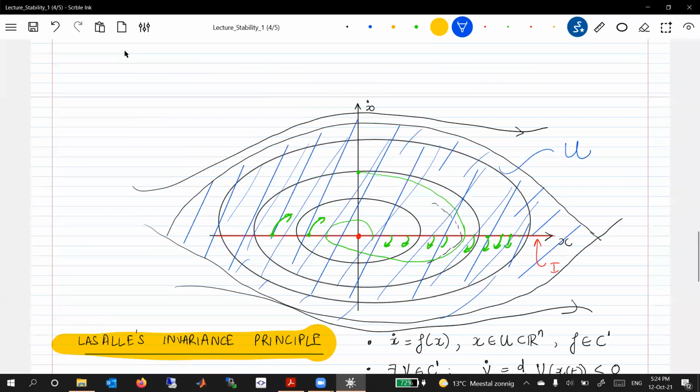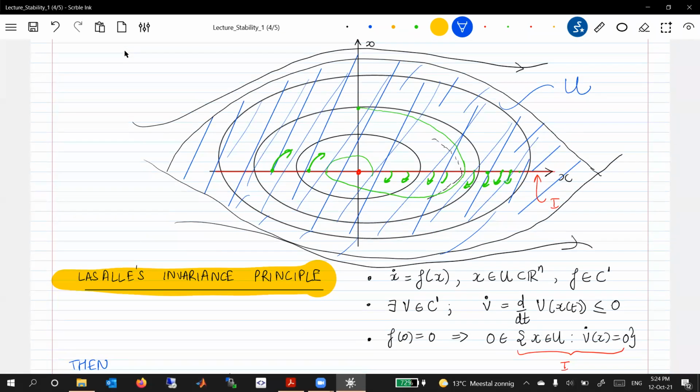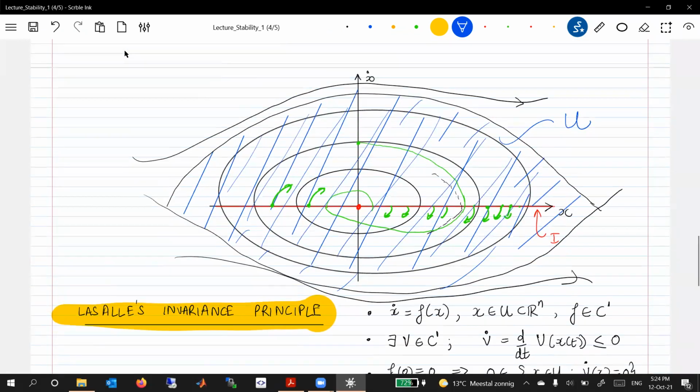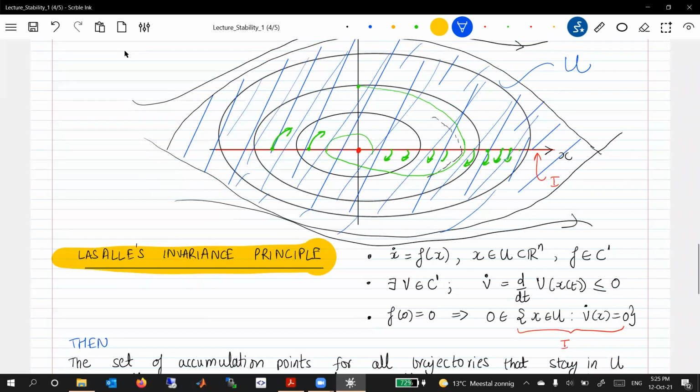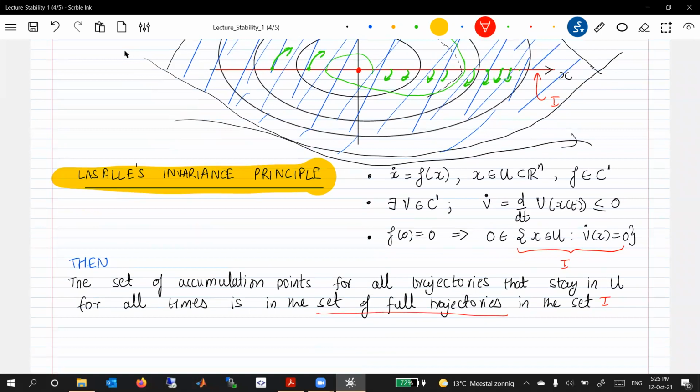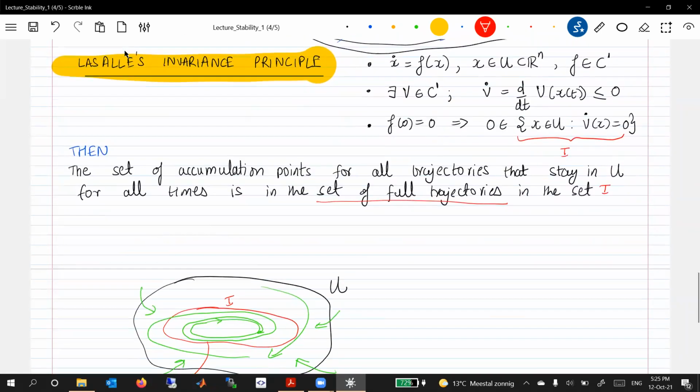So this is basically LaSalle's invariance principle, which is something that I wanted to discuss here, because this is a mathematical tool that enables you to conclude that all trajectories, of course, we were able to conclude stability, but asymptotic stability in this case is concluded because all trajectories that stay inside this neighborhood U must eventually end up in the fixed point, the origin, which is the only point contained on the set of vanishing points for V or the energy, right?